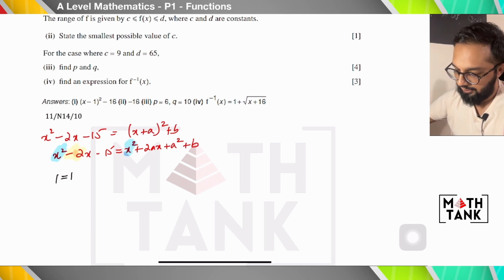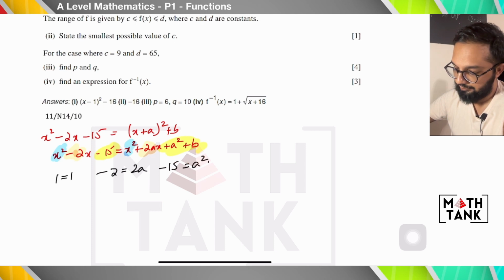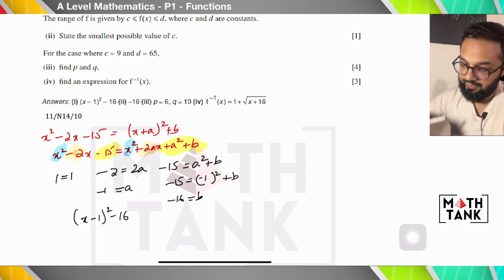Then minus 2 should equal 2a, and minus 15 should equal a squared plus b. So a is minus 1, so b is minus 16. So I get (x minus 1) whole squared minus 16 as my final answer.